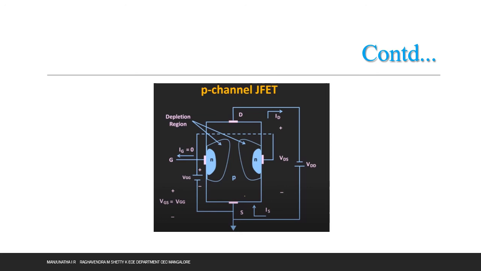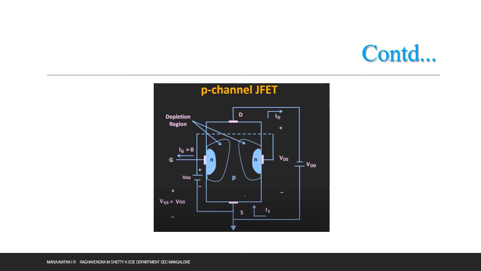From VDD we should give negative voltage, whereas in the case of N channel we give positive voltage. Why? Because when the negative voltage is given to the P region, which has holes as majority charge carriers and positive sign, the PN junction will become reverse biased.